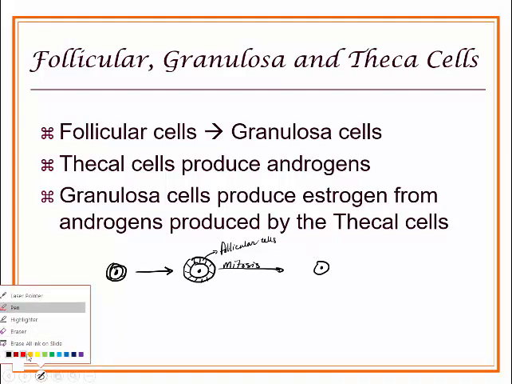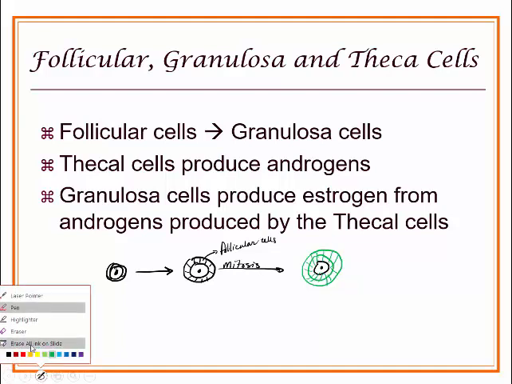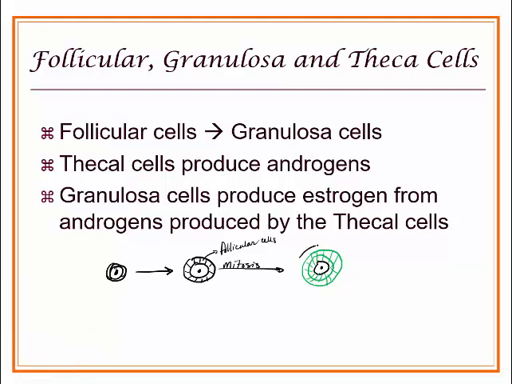So as those follicle cells are doing mitosis, you'll get layers of granulosa between the oocyte and the cells that are doing mitosis, the follicle cells. So the follicle cells will end up on the outside. Okay. So those are still the follicle cells. These ones are going to be the granulosa.